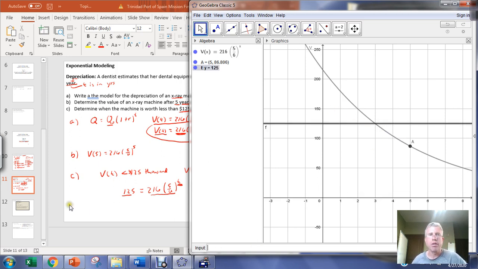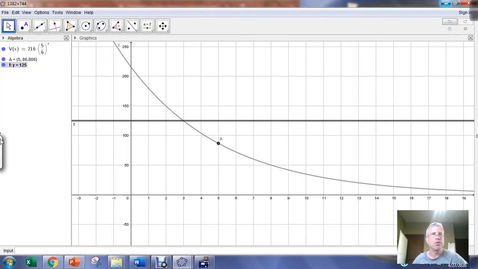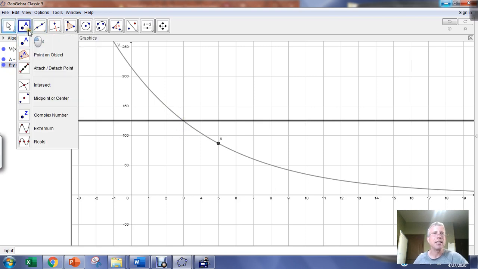And where 125 intersects with my model v of t, where the intersection is, that's where the value is going to be exactly equal to 125,000. And then for any time to the right of that point in time, the value will be under 125,000. In fact, the value is decaying to 0 over time as the machine gets old.